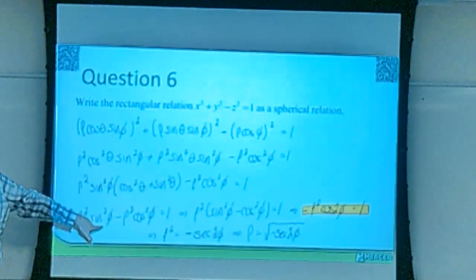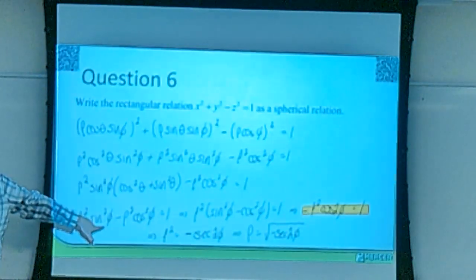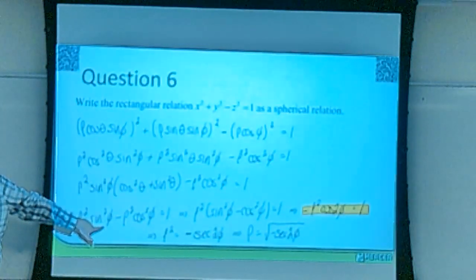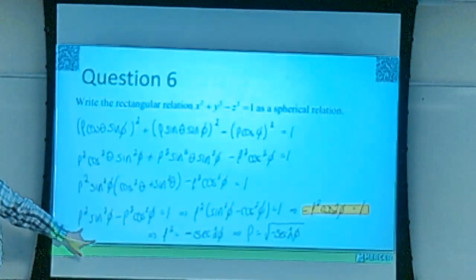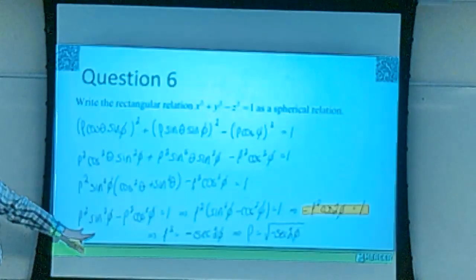You may want to write that identity down so you don't have to keep doing it. In spherical, x squared plus y squared is rho squared sine squared phi. This way, anytime you see it, you can just jump right to that.